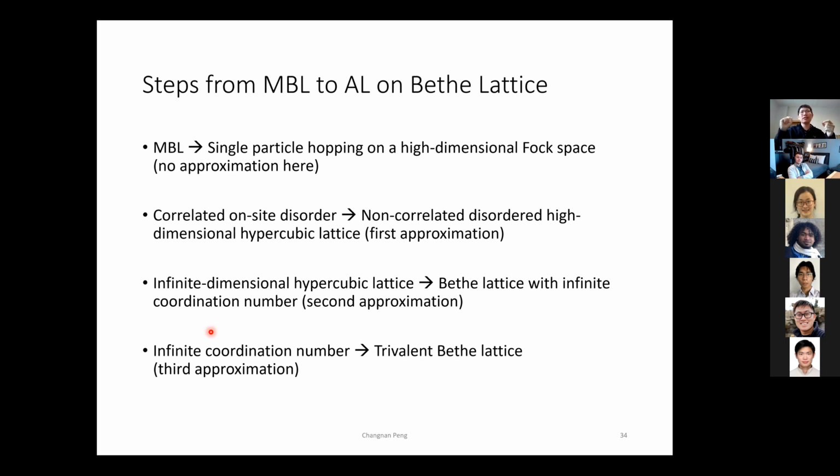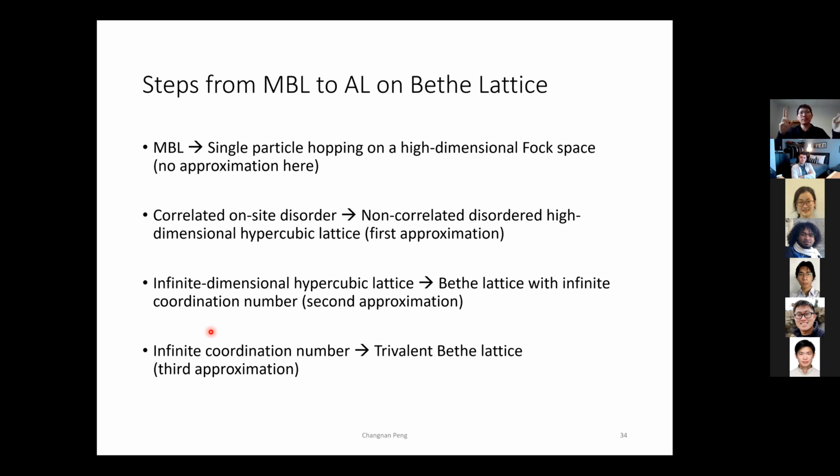But in this Fock space, any spatial disorder originally in the many-body picture will bring a correlation in the Fock space disorder. We use our first approximation, assuming this correlation can be ignored if we go to a large enough system.